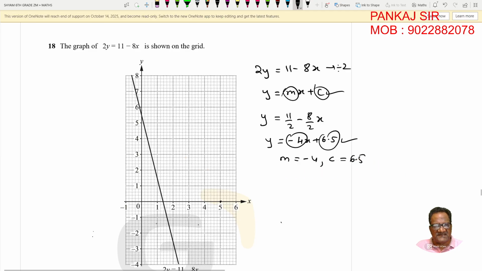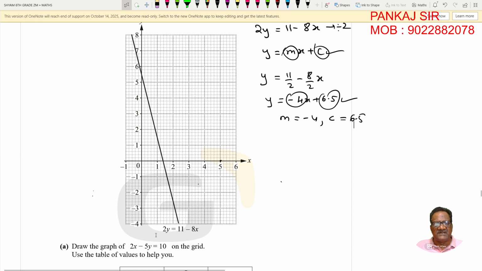Now if you see this graph, you will see that the slope is negative. See, this graph is leaning backwards. So from the x-axis this angle is obtuse, right? So minus 4 is the negative slope we are getting, and it is minus 4 because this comparison is telling it is minus 4. And c is the y-intercept. The graph is cutting the y-axis somewhere over here.